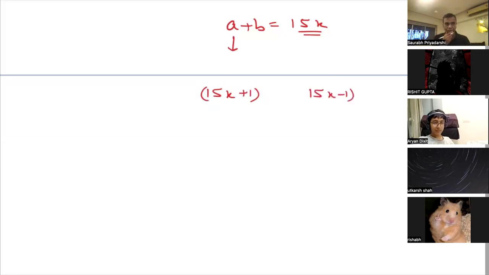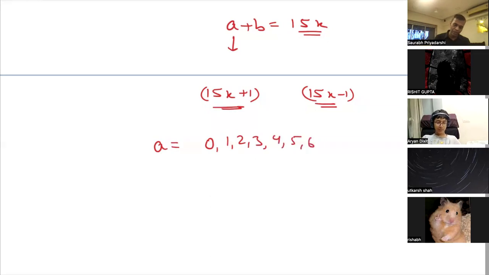When A takes values 0, 1, 2, 3, 4, 5, 6, 7, B must go the reverse way, 7, 6, 5, 4, 3, 2, 1, 0. That means 8 numbers.